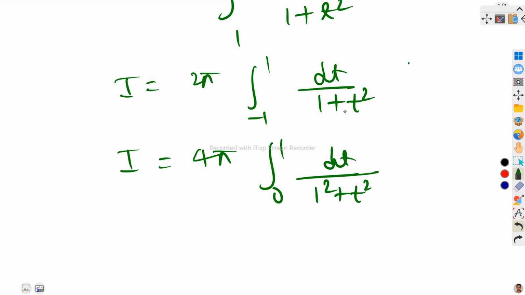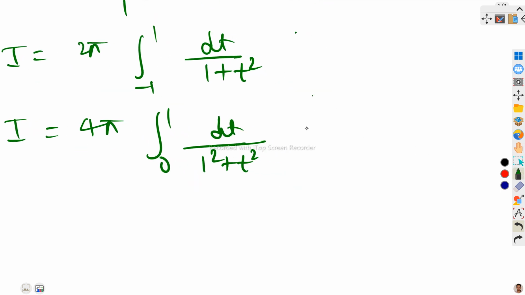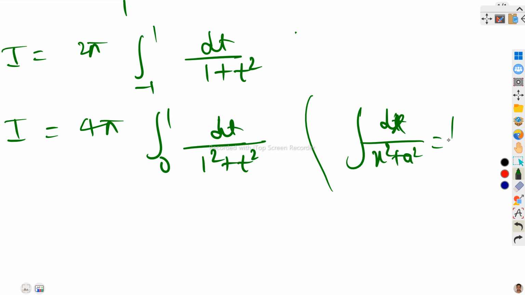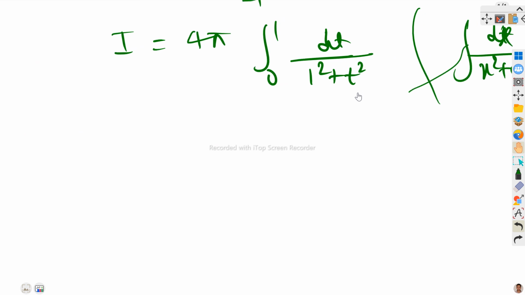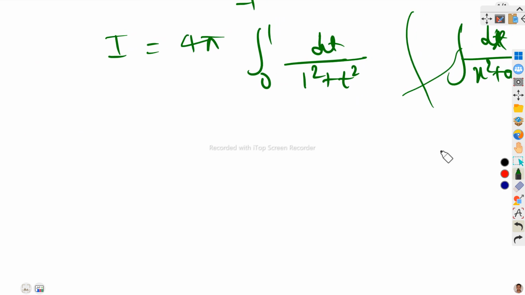This is the standard formula we can use: integral of dx upon x square plus a square equals 1 upon a tan inverse x upon a.